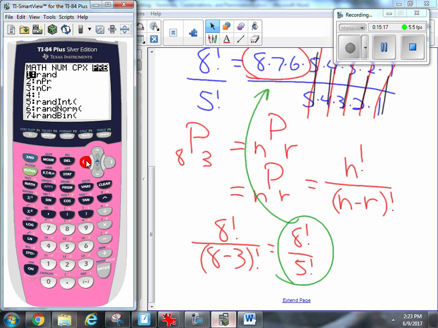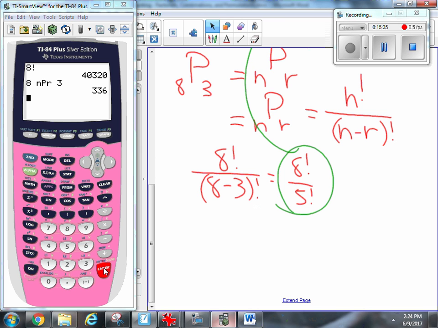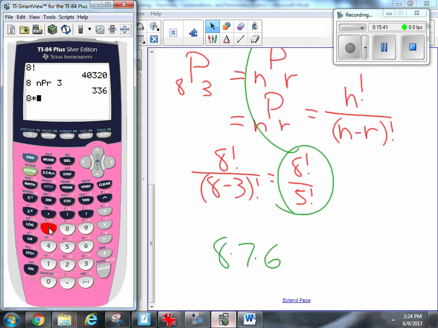It stands for permutations in this particular case. I press 2, and I'm concerned with 3, and I find out that there's 336. And if I went 8 times 7 times 6, I find out it's 336.